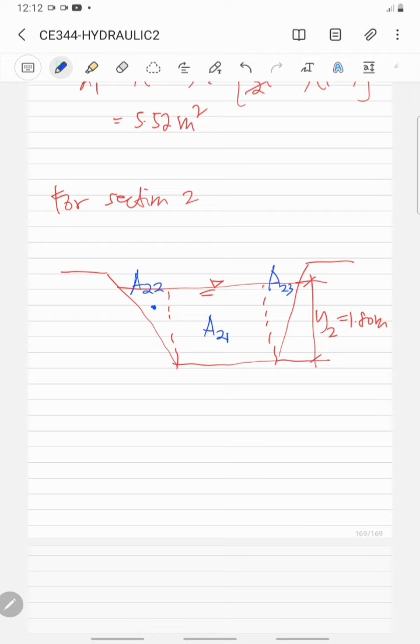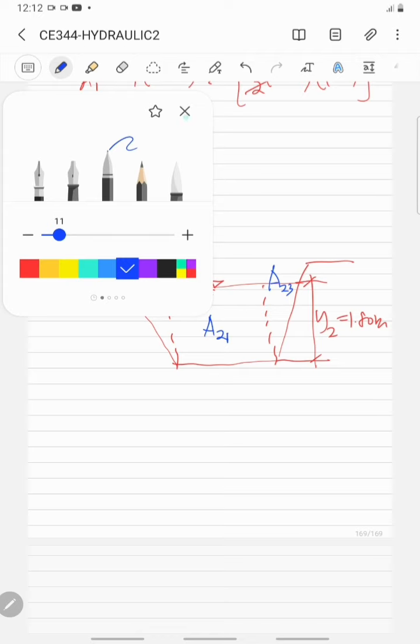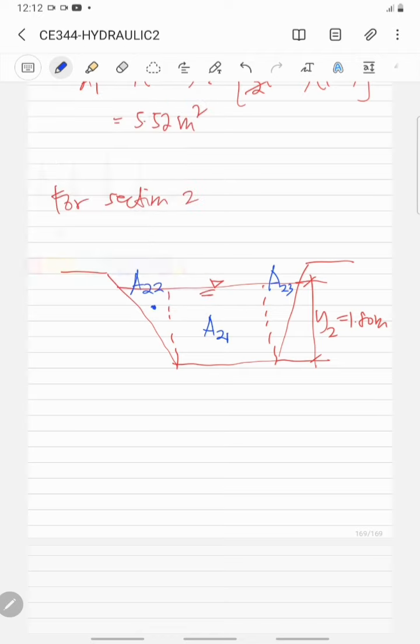So I write that as 2:3. The same side slope, we have 1:2.